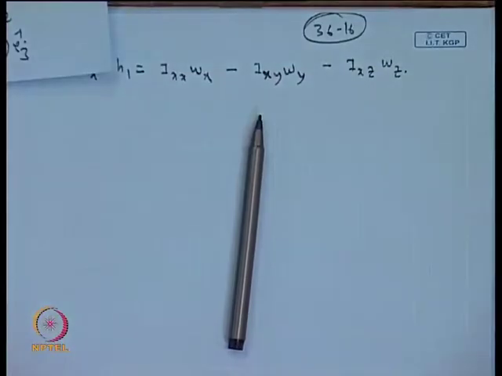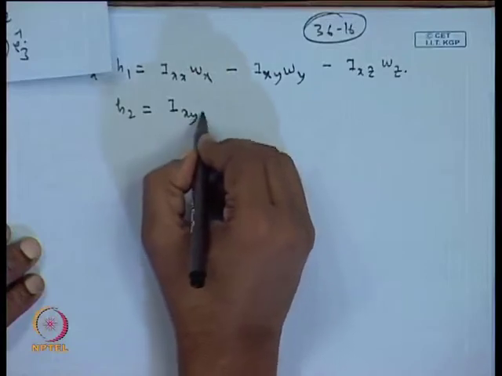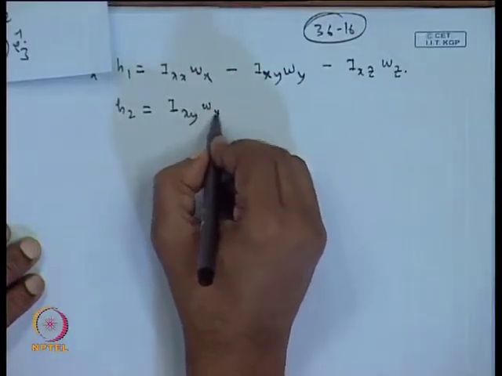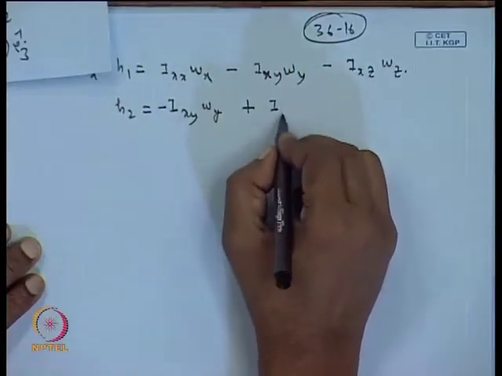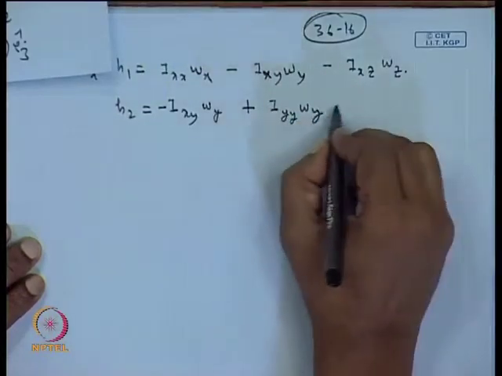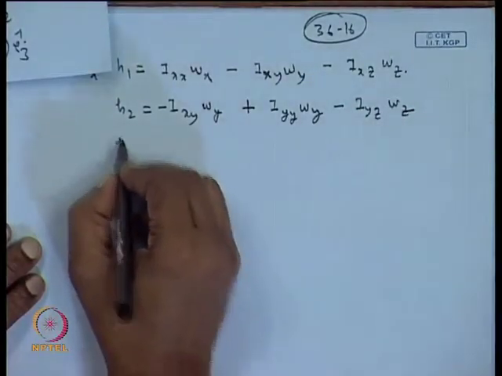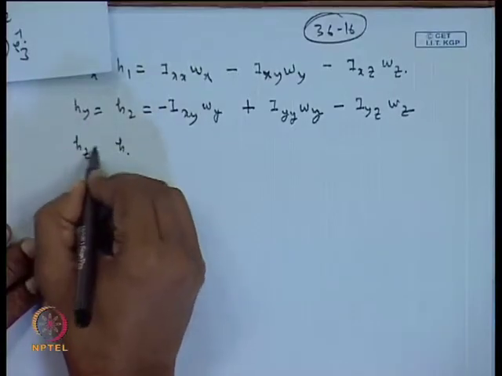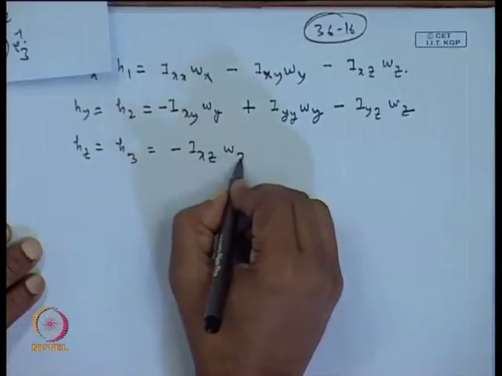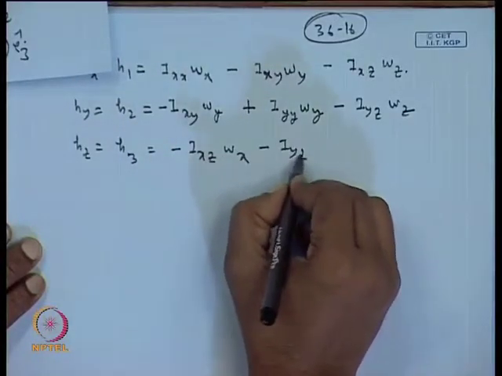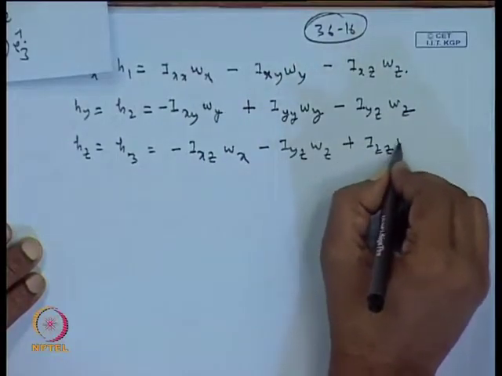Okay, so working out in this way, we have got I_yy times omega_y minus I_yz times omega_z, and minus I_yz times omega_z, and this is plus I_zz times omega_z.